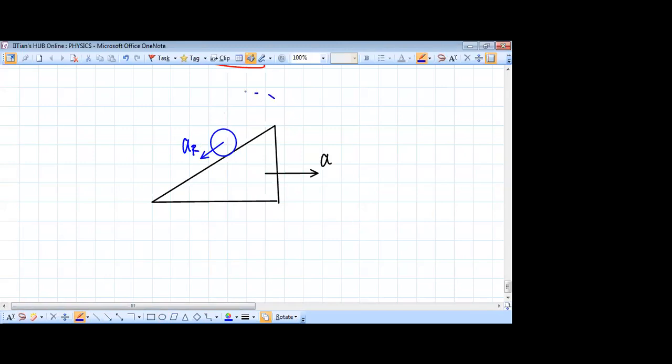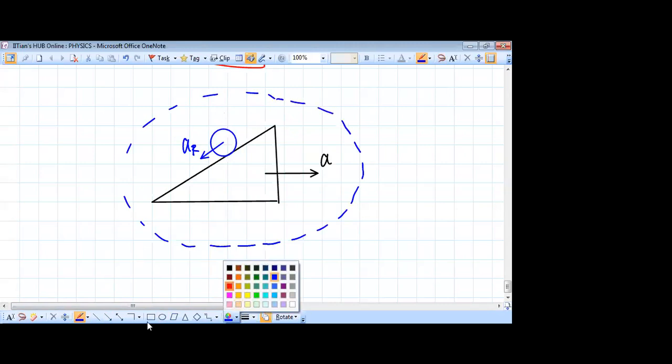And the whole system, as you can see, the external forces on the system are only the weight of this body and the normal reaction from the ground. These are the only external forces on the system.